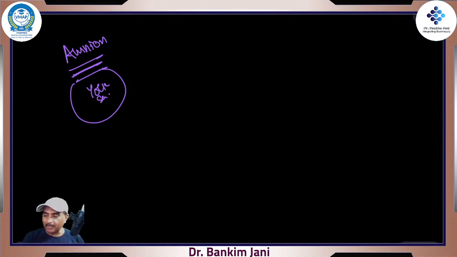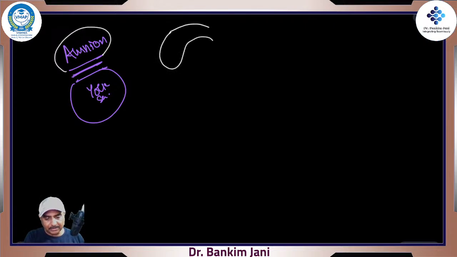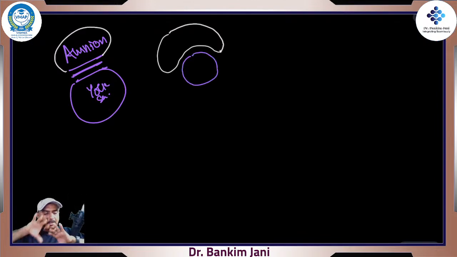Then this amnion, which is surrounding like this, starts going down. So it goes like this. This is for understanding, so I'm not drawing all the structures. The yolk sac goes like this, compressed. Amnion, one more thing.